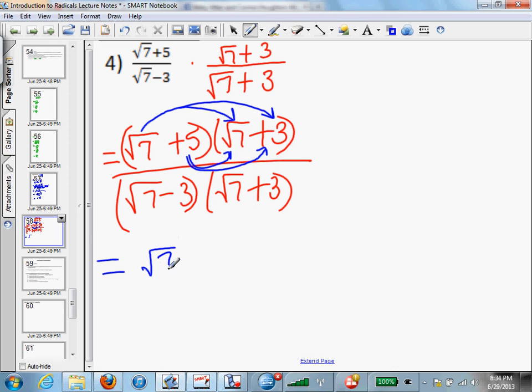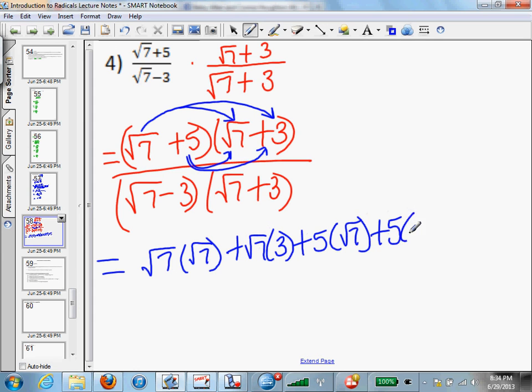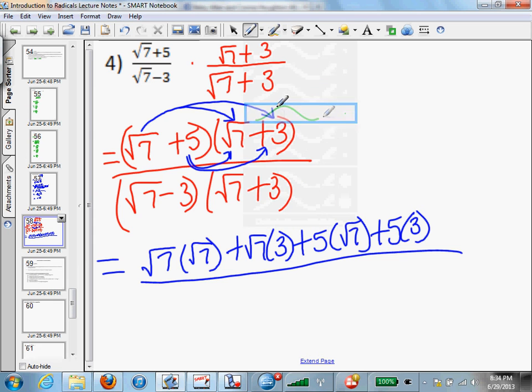When we do, we'll have the square root of 7 times the square root of 7 plus the square root of 7 times 3 plus 5 times the square root of 7 plus 5 times 3. And that's all going to be over, using the distributive property for the first term on bottom to get it across everything in the second set of parentheses. This will take the negative 3 and distribute it across everything as well.